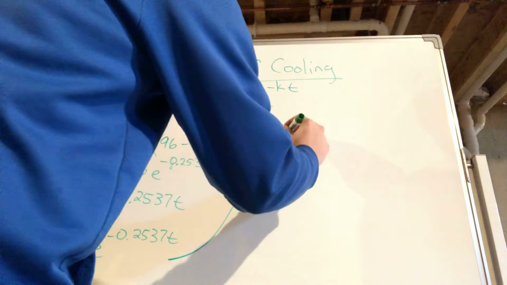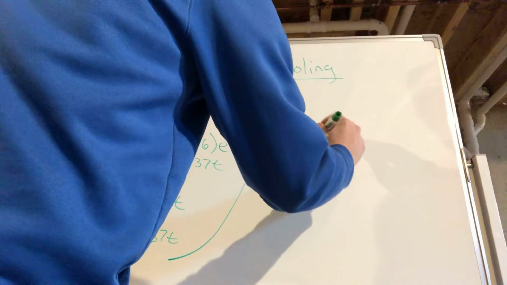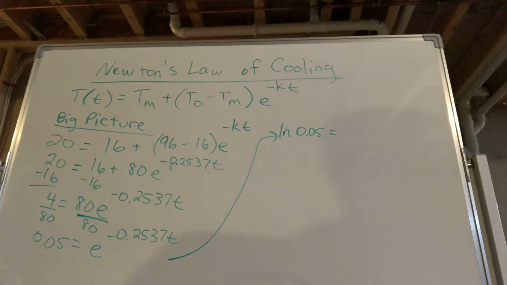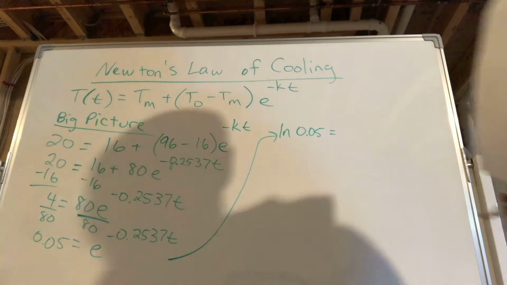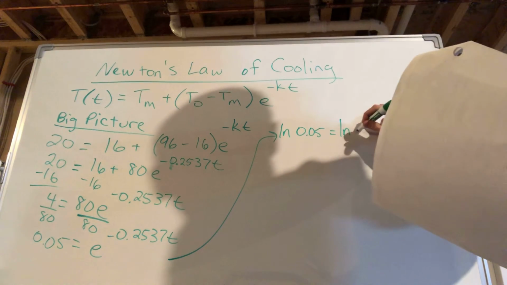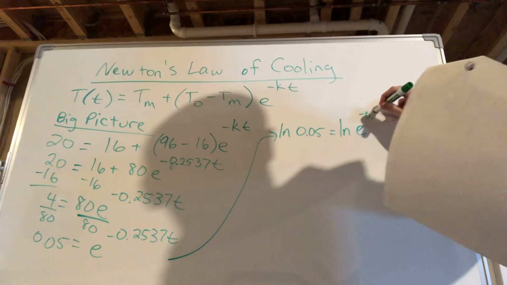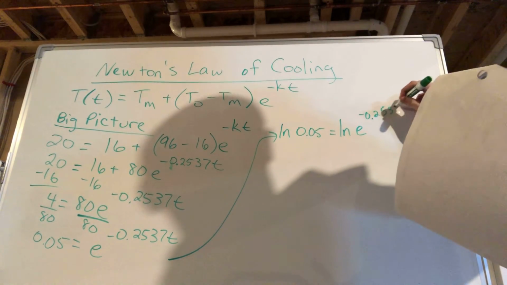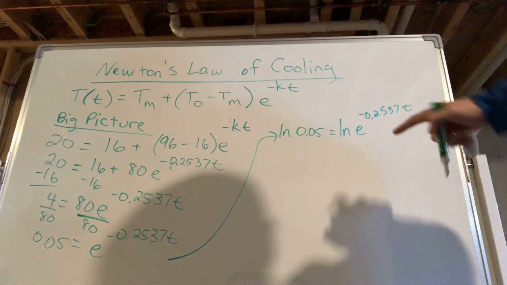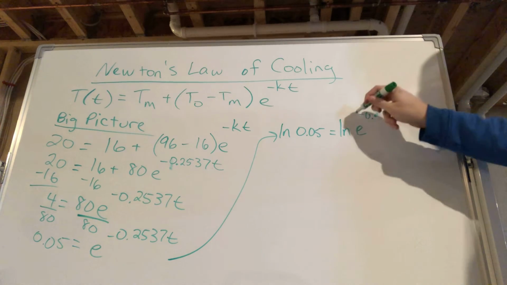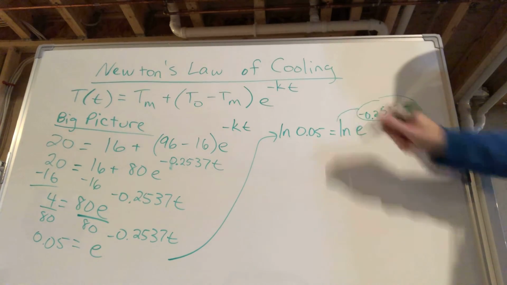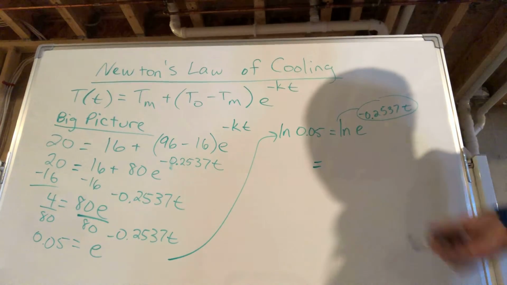It's going to be ln of 0.05 is equal to, I'll show all my work here because it's the first one, ln of e to the negative 0.2537 t. Now that we have a logarithm, we can take this exponent and move it down, rewrite it as a coefficient.